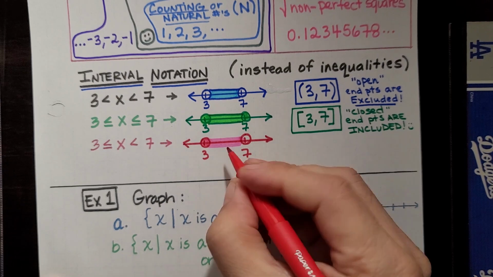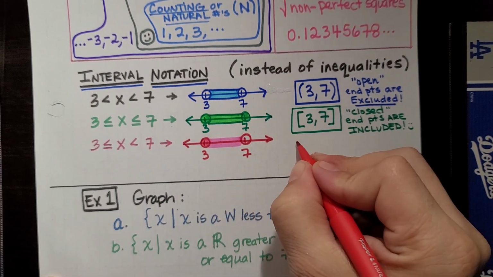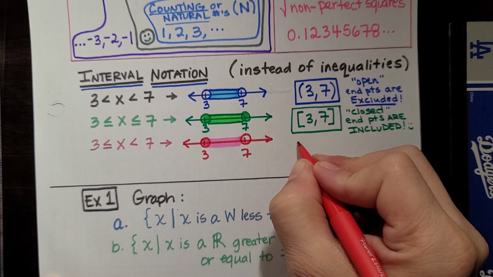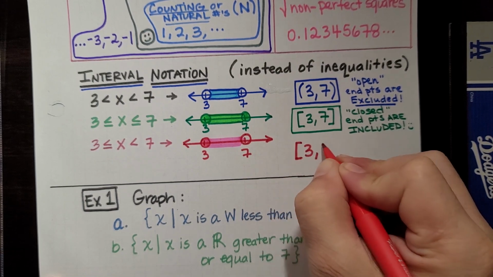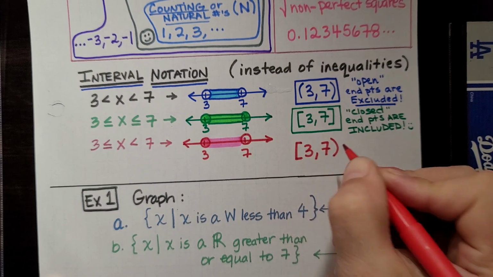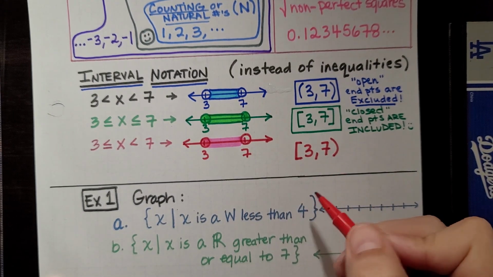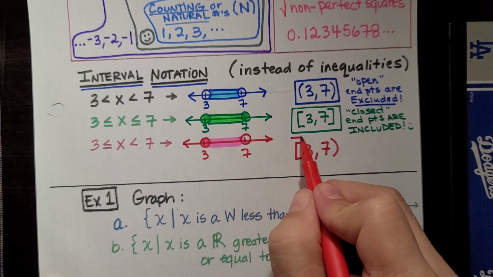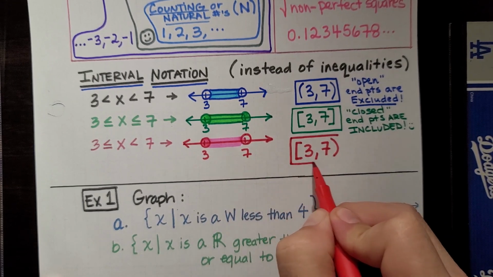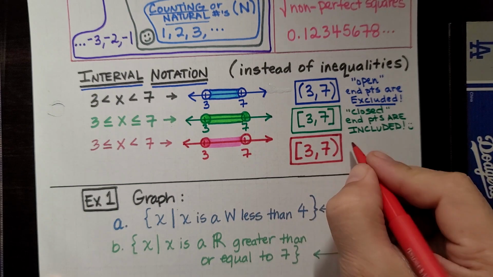So how do you write that in interval notation? Well, we're going to say the interval, the mixed interval, that is closed at 3 and opened at 7. Just like that. So in the book, they would have a bracket at 3 and a parentheses at 7 and shade everything in between. Mixed is okay. It's called a mixed interval.